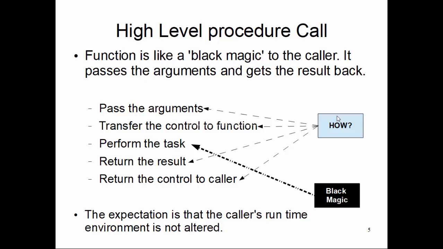This is already given, and we are so accustomed to that idea that we don't even think this is a big deal. But at the assembly level, this is a big deal. So you need to have a very specific focus on this topic, that you don't alter the runtime environment. We'll see this later in this lecture.